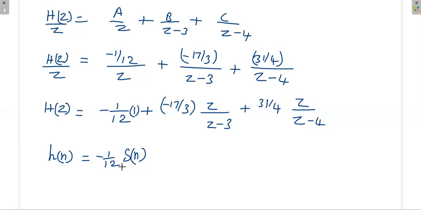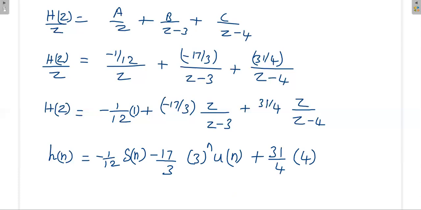So minus 1 by 12 into del n, minus 17 by 3 into z by z minus a, that means a power n u of n, that is 3 power n u of n. Here 31 by 4, 4 power n u of n. So this is the final h of n, the impulse response of the given system.